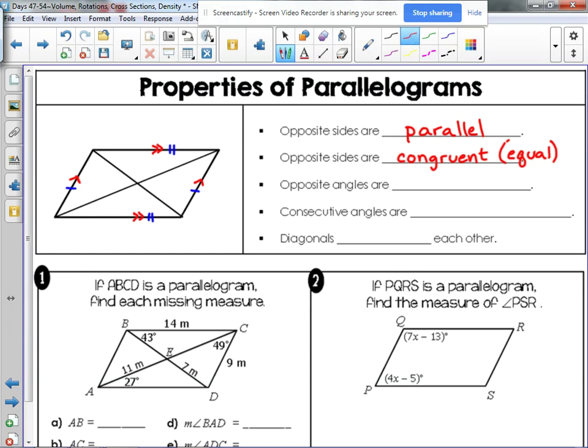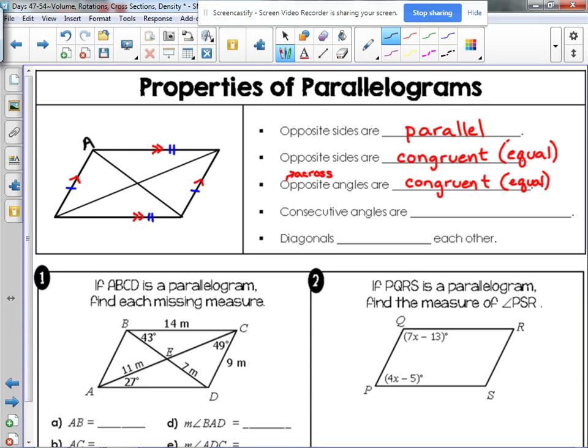All right, another property, opposite angles are congruent. And the picture kind of gives this away. I mean, when you look at it, opposite means they are across from each other. Across from each other. And again, congruent means that they are equal. So let's put a name to these angles.